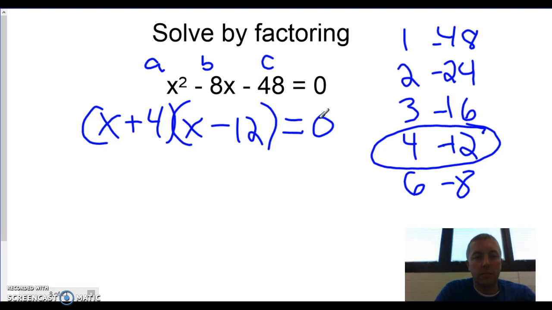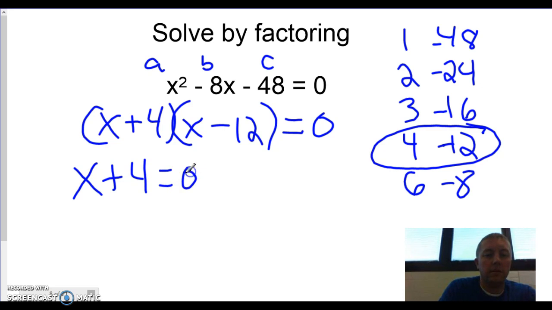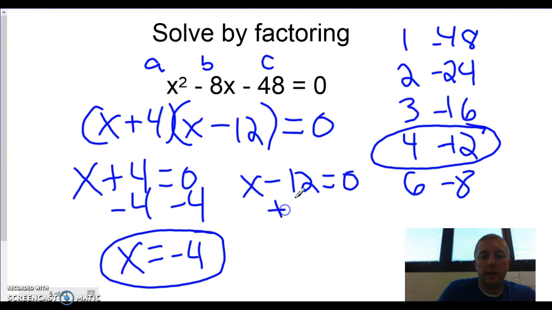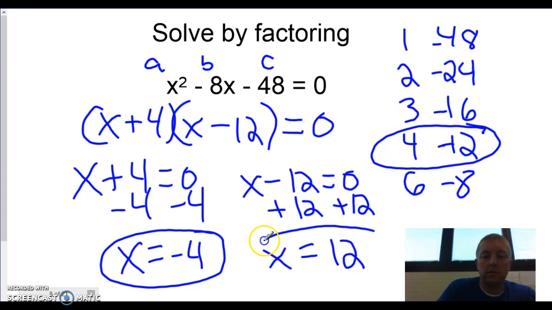Now use the zero product property. X plus 4 equals 0. X minus 12 equals 0. Solve each one individually. Subtract 4. X equals -4. Add 12. X equals 12.